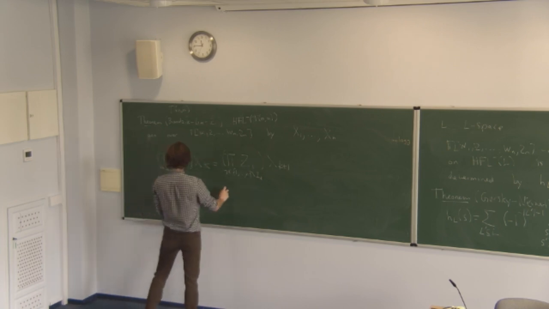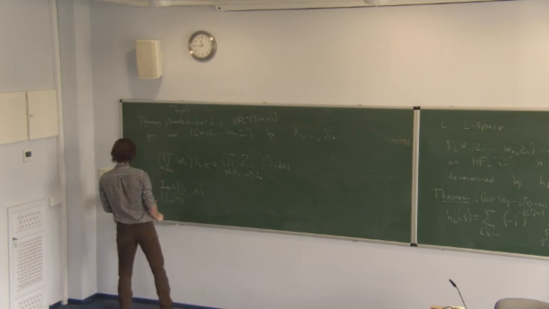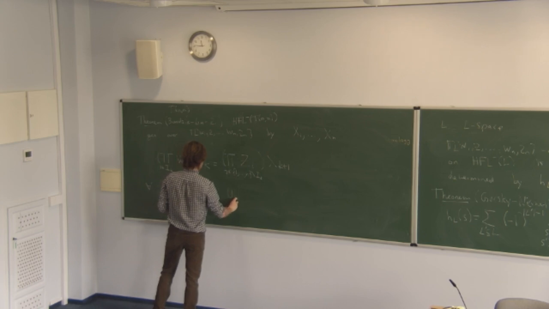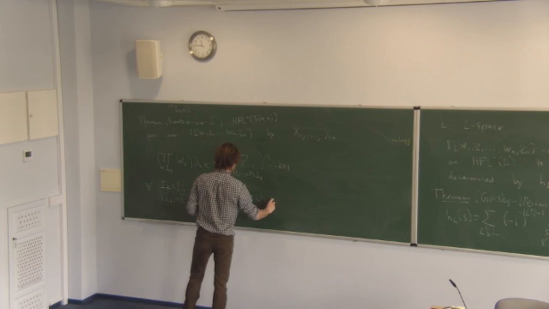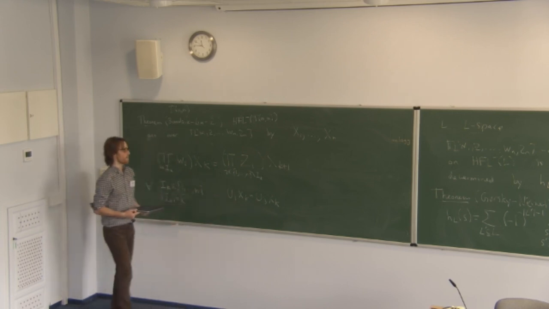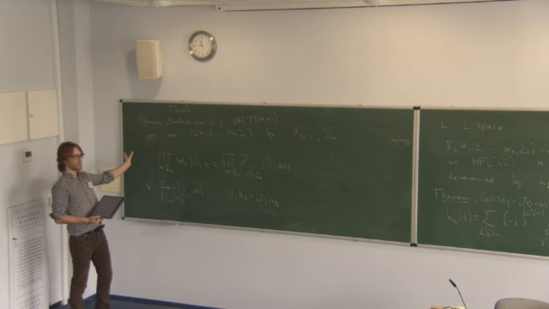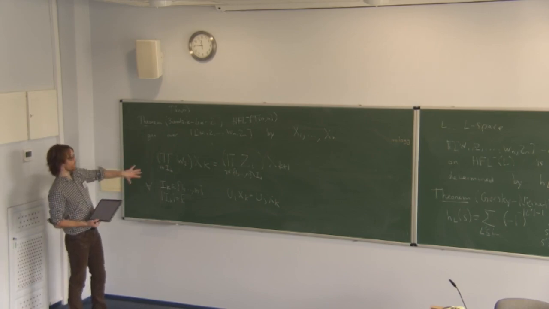And then we also have the relation that u_i x_k equals u_j x_k, where we remember that u_i is the product of w_i and z_i. So this is the homology module, and as I've said, this determines everything.